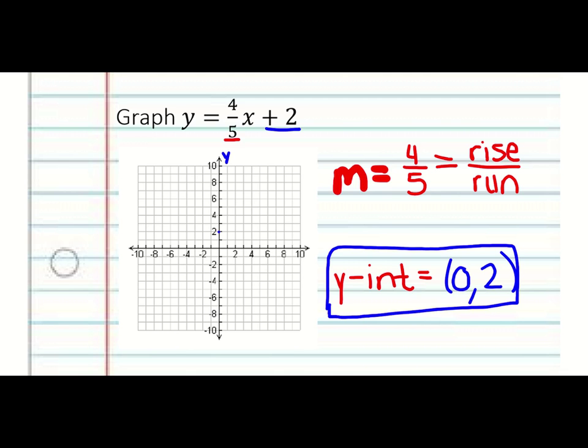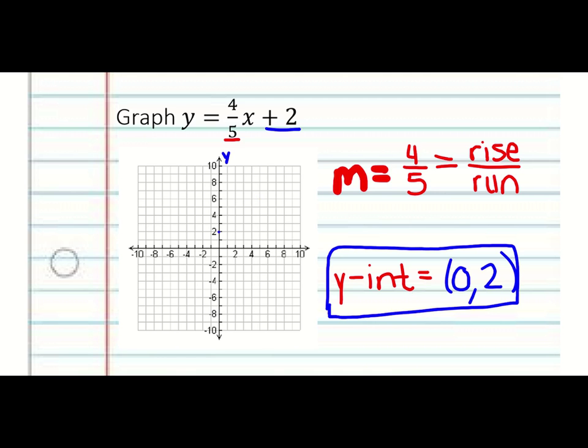We start at our y-intercept (0, 2), and we rise 4 units. We go up 4 places, 3, 4, and then from there we run 5 units. Since it's positive, we go to the right. 1, 2, 3, 4, 5. And where my cursor has landed is where I would put my next point.